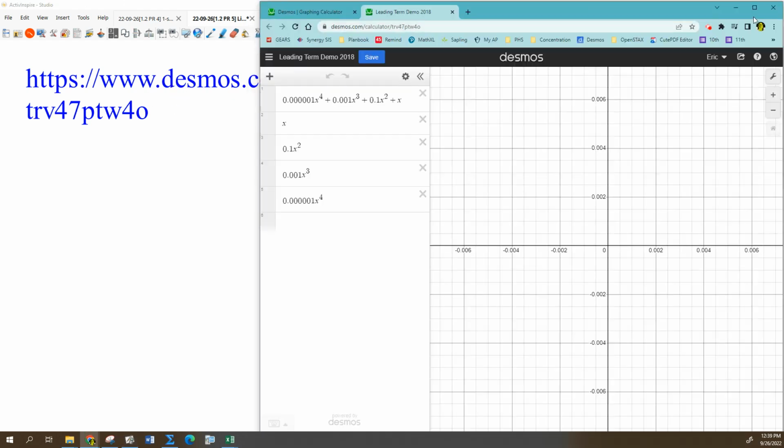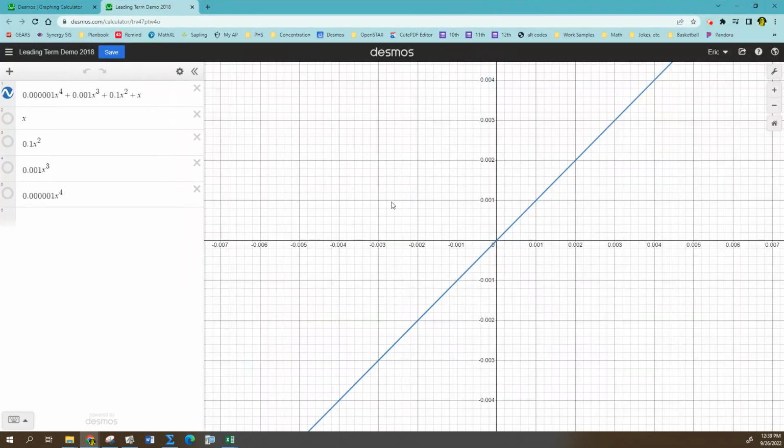Okay, to get there though, I want to take you on a little tour of a function, and I want to point out a really important concept. And this is all I'm going to do today. So let's look at this function. Here's my function. It's this polynomial. It's got some coefficient of x to the 4th plus some coefficient of x cubed plus some coefficient of x squared plus x.